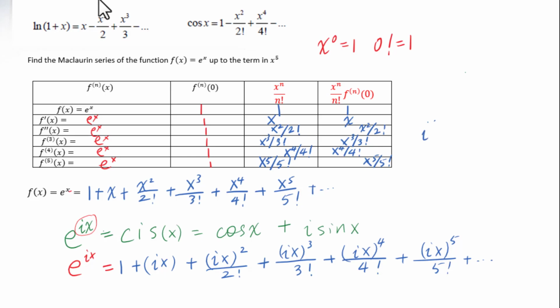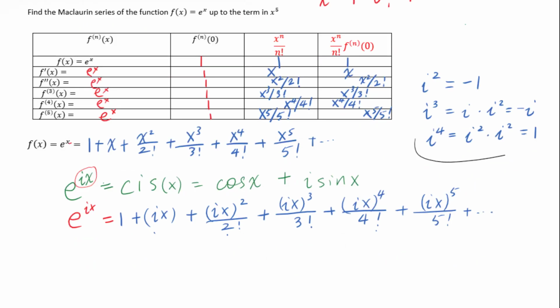We know i squared equals -1. i to the third power equals i times i squared, which equals -i. i to the fourth power equals i squared times i squared, so we get 1.